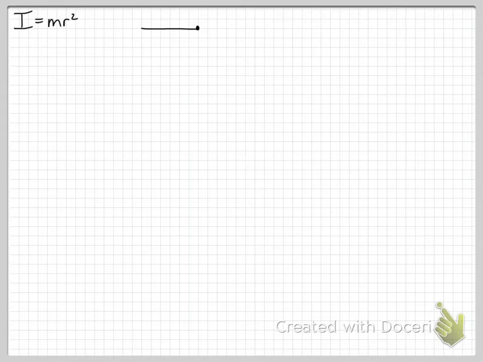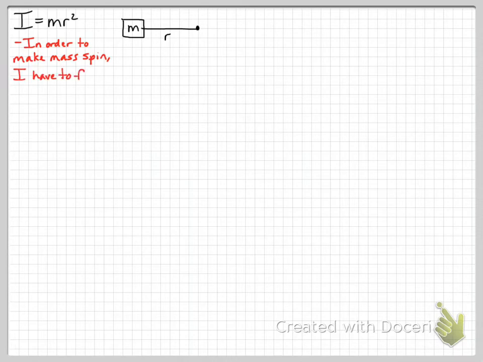So here I'm drawing a mass, a radius r away from a pivot point, and in order to make that mass spin, I have to fight mr squared. I have to fight basically its moment of inertia. I have to overcome it.